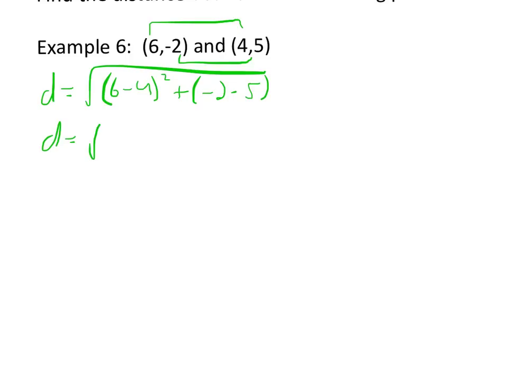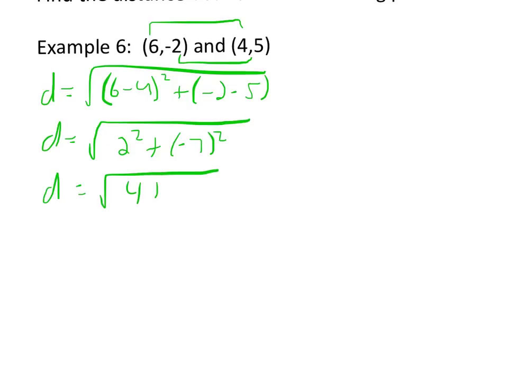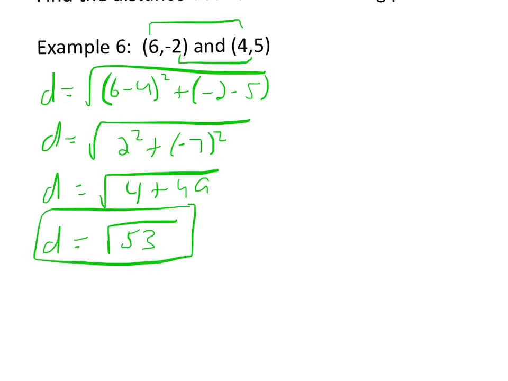So distance is equal to the square root of 2 squared plus -7 squared. So that's equal to the square root of 4 plus 49, which is equal to the square root of 53. And 53 is good enough. I don't believe we can simplify that any further.